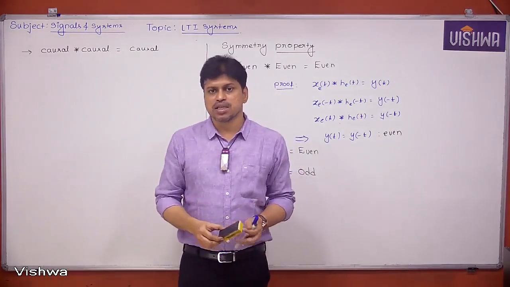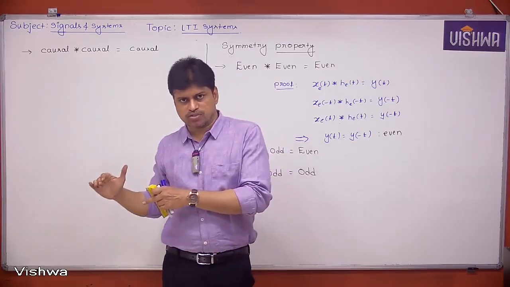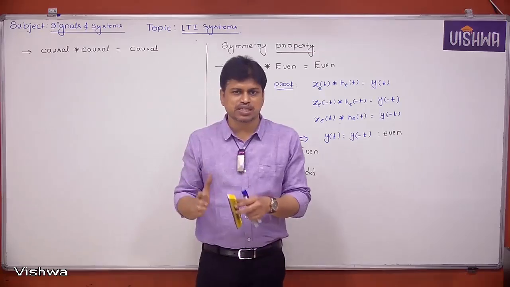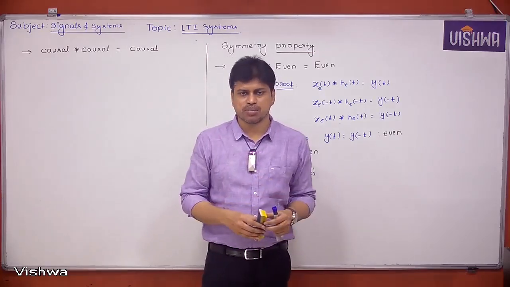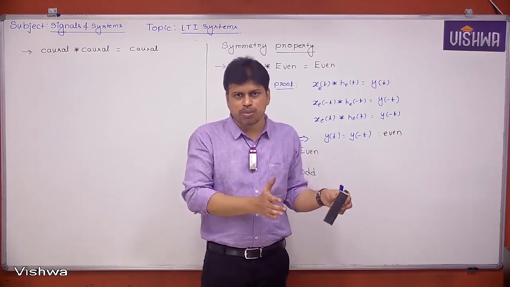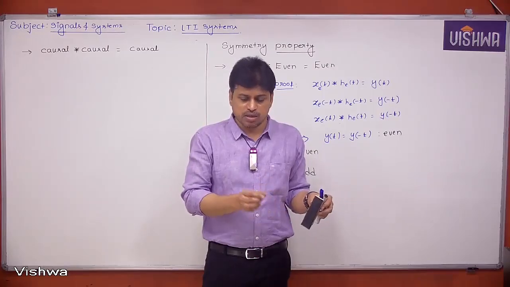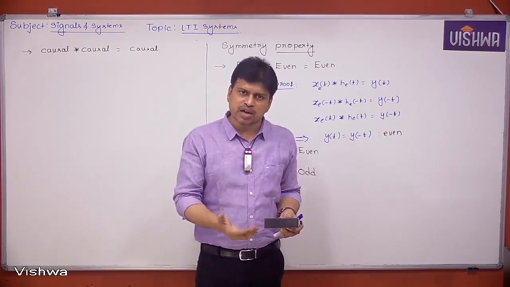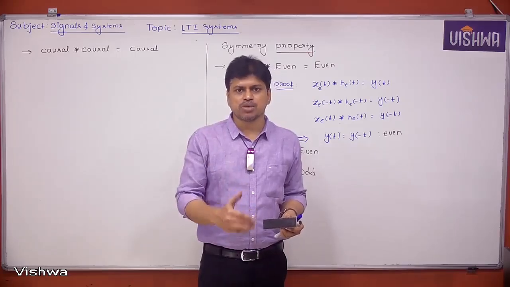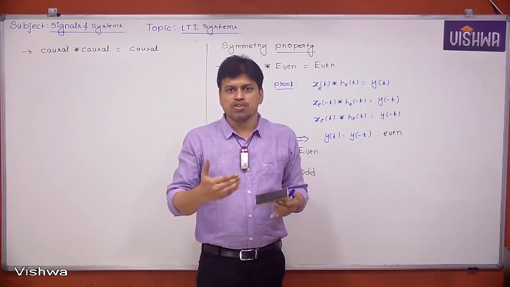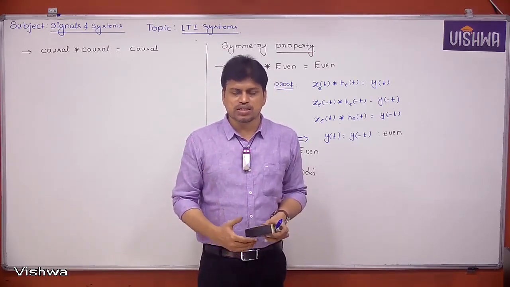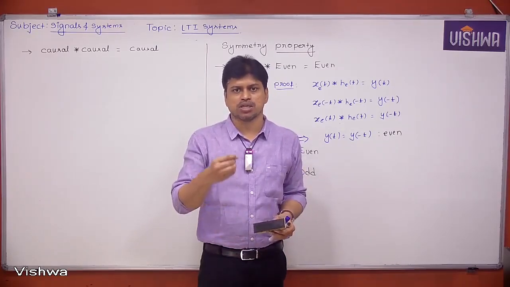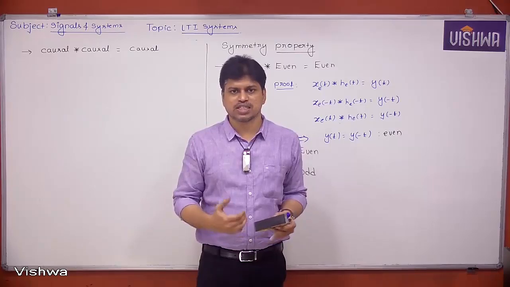The signal should not exist for negative values of time, so it is present only for positive values of time. So the lower limit of the signal is always positive. If you take another causal signal, that also has a positive lower limit. If you convolve these two signals, the resultant signal has a lower limit which is positive plus positive, which is a positive value.